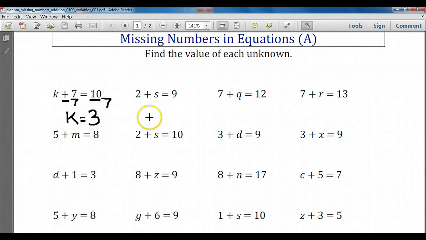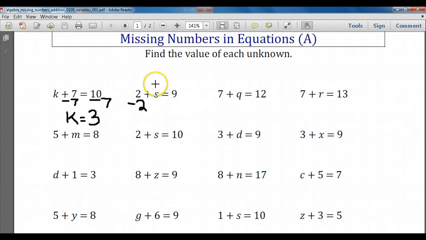Now, let's try this again. 2 plus s equals 9. Again, I need to isolate the variable. My variable is s, which means I need to get rid of the 2. How do I get rid of a positive 2? I subtract 2.